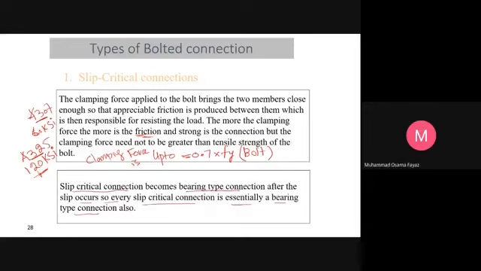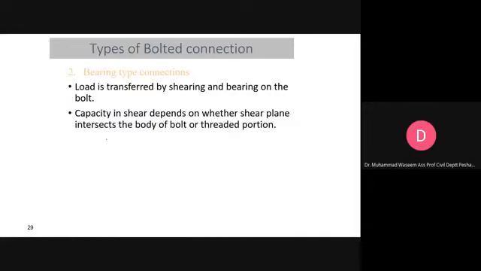Yes, sir. So what happens in bearing type connection? In bearing type connection, load is transferred by the shearing and the bearing on the bolts. Capacity in shear depends on whether the shear plane intersects the body of the bolt or the threaded portion of the bolt.